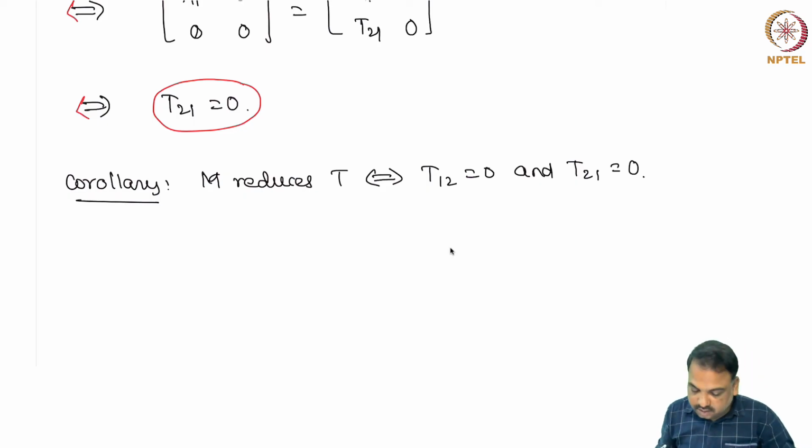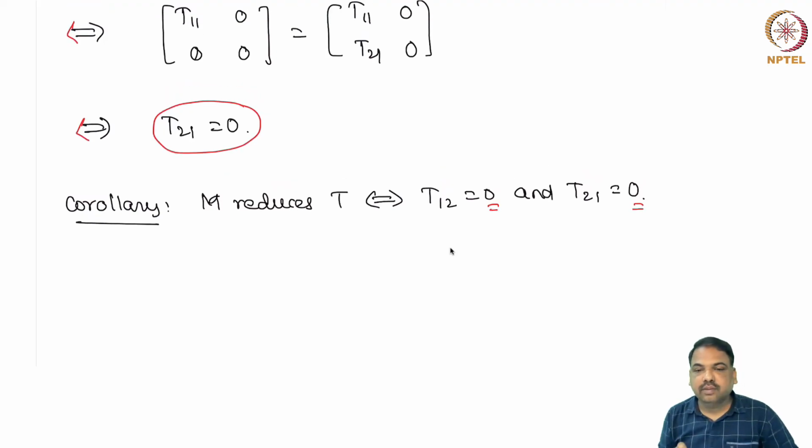As I mentioned earlier, there is a difference between this 0 operator and this 0 operator. The first one is a map from M perp into M, and the second is a map from M into M perp. So though they are 0 operators, their domains and codomains are different.